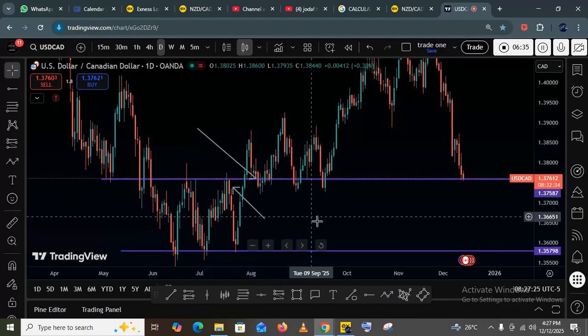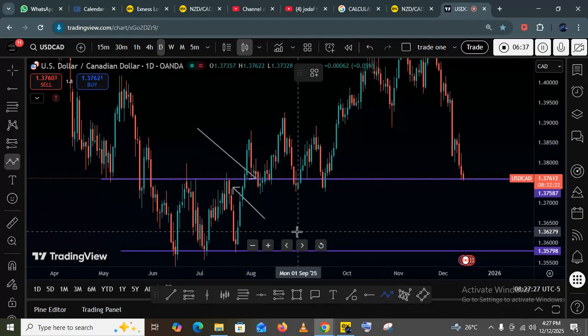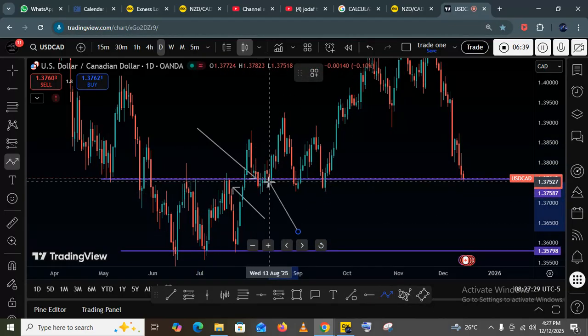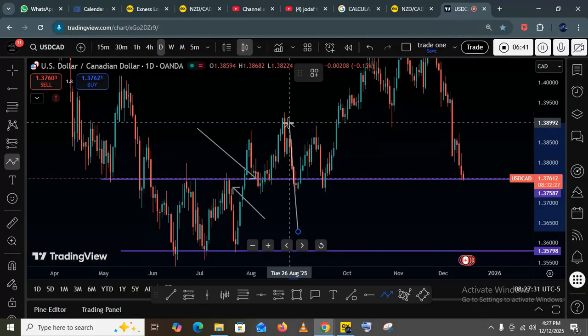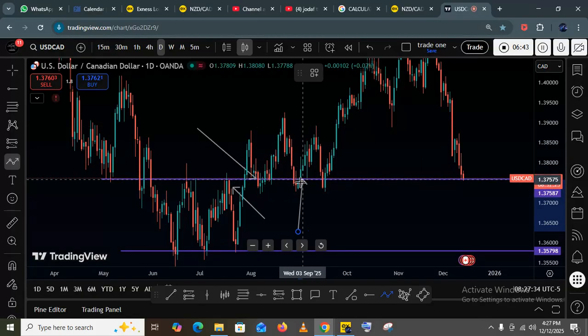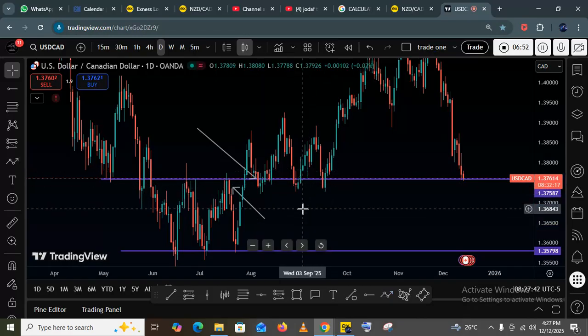Now the market comes back, finds support where the resistance was. And look at that, it bought. And again, it came back to the same resistance, which is now the support. We call it resistance turned support. Okay, so that's basically how I trade.